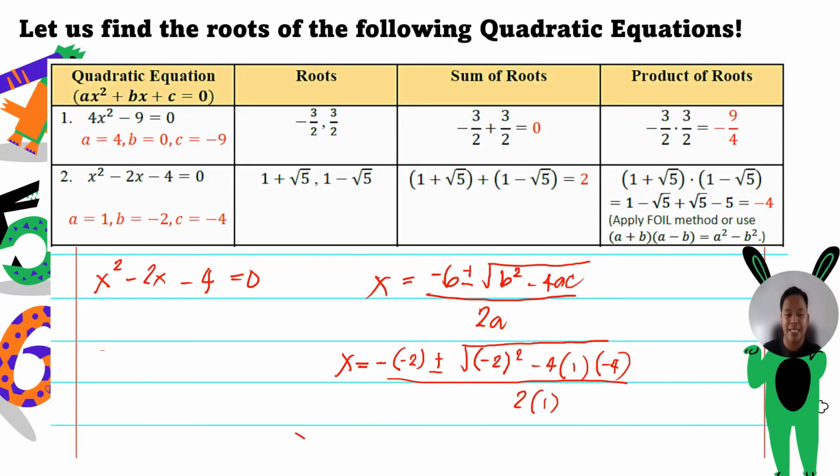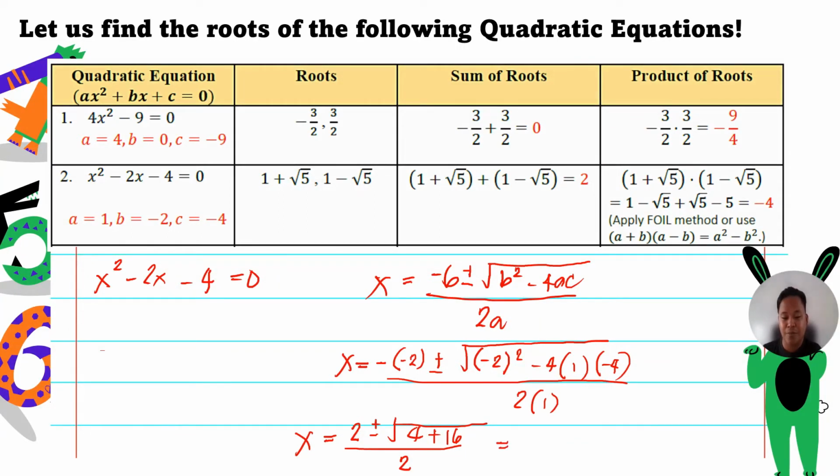Then x is equal to negative times negative 2 is positive 2, plus minus the square root of negative 2 squared, which is 4. 4 times 1 times negative 4 is negative 16. And since this is minus, this will become positive 16, all over 2 times 1.